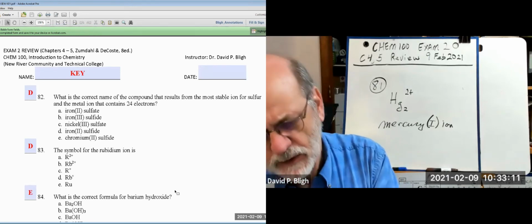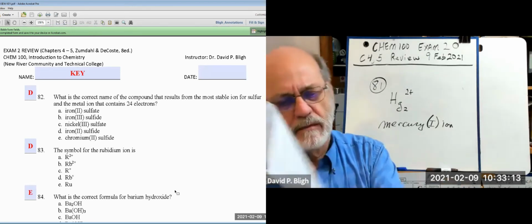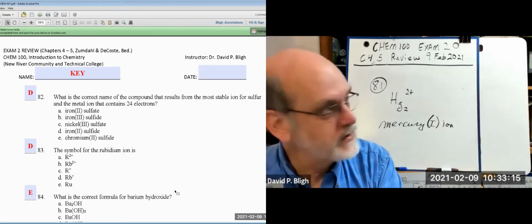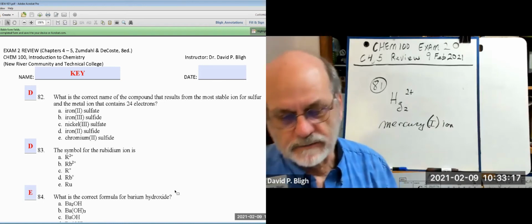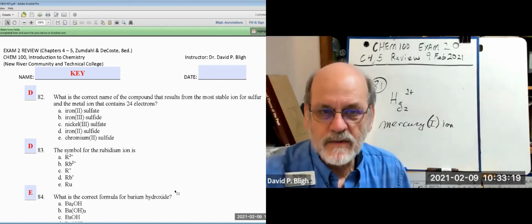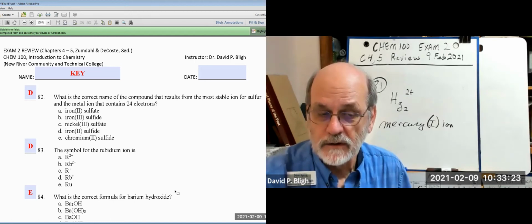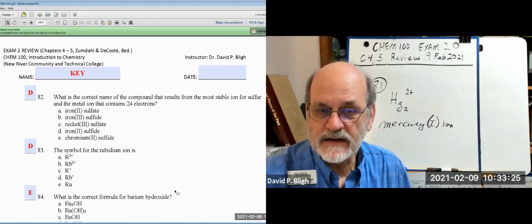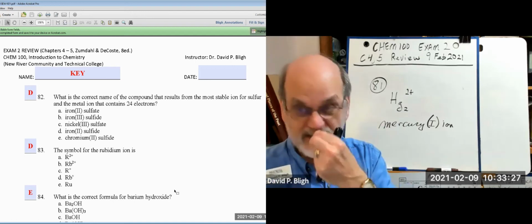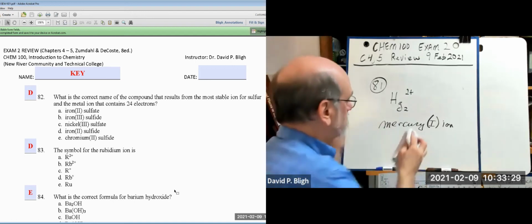Let's see. What's next? Oh, we got the whole page here on this one. 82. What's the correct name of the compound that results from the most stable ion for sulfur and the metal ion that contains 24 electrons? All right, this takes a little detective work.